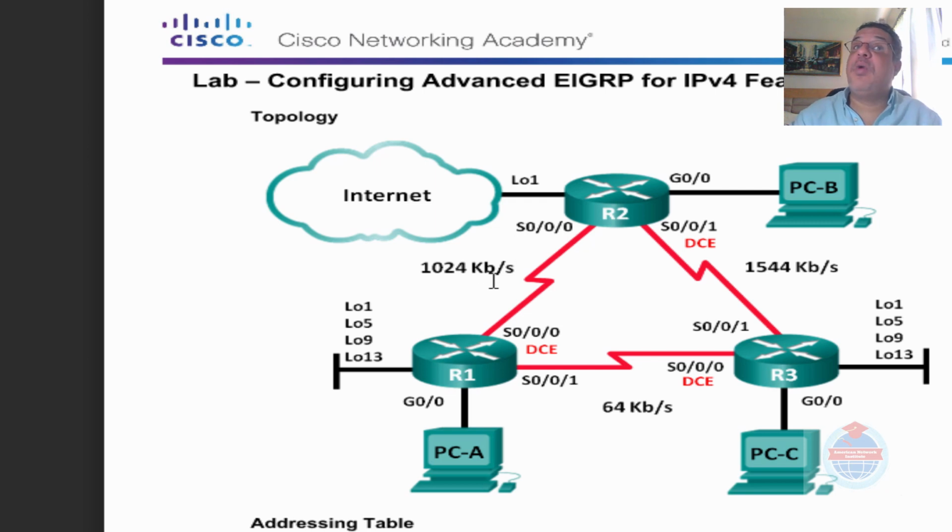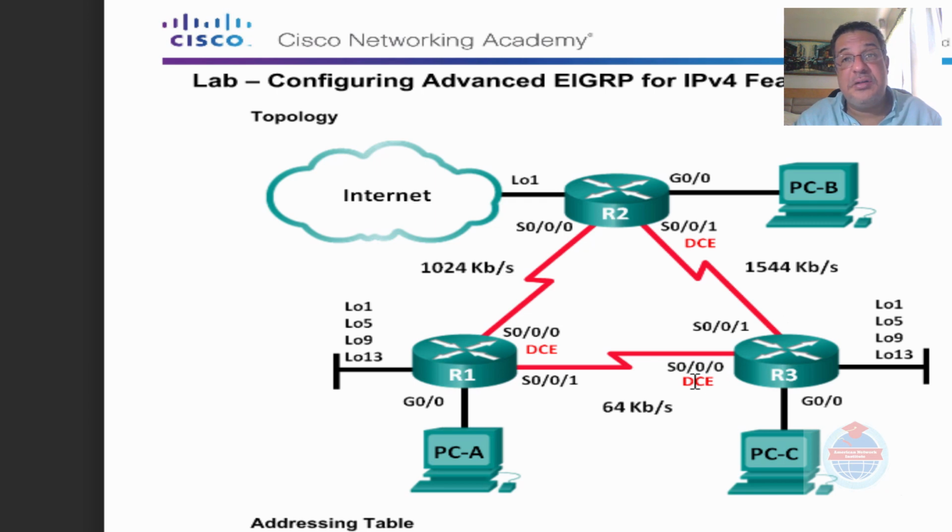One more thing. I want you to pay attention to the bandwidth that we're going to be selecting over here, and over here for this connection that we're going to be applying in the future. I want you to see the loopbacks in each one of them, and I want you to see the DCE. The DCE is where you're going to be applying the clock rate. For example, on the connection S0/0, the clock rate is going to be applied over here because you see the DCE.